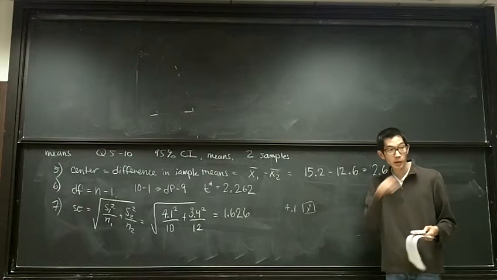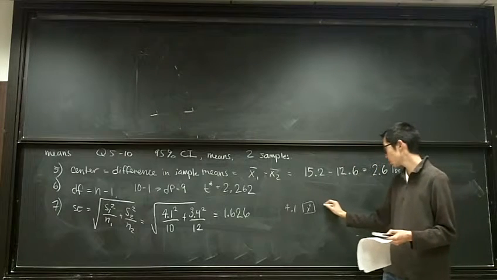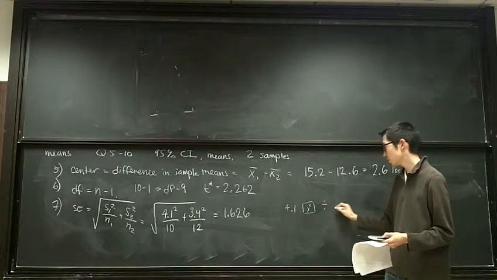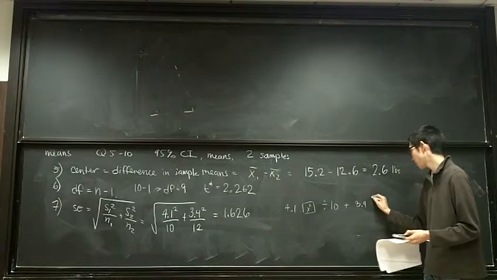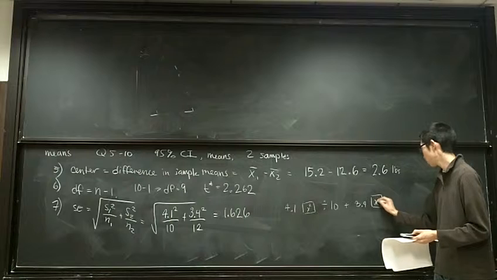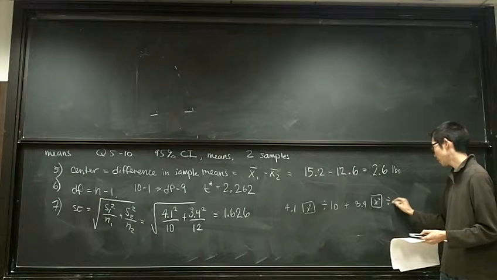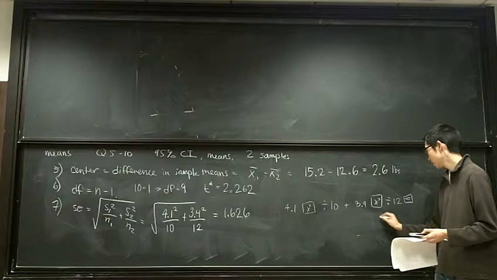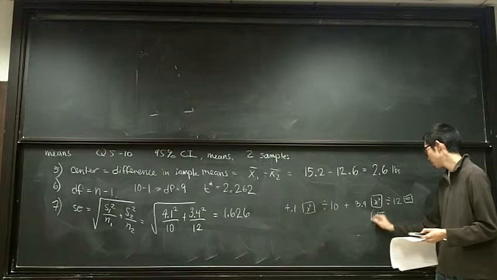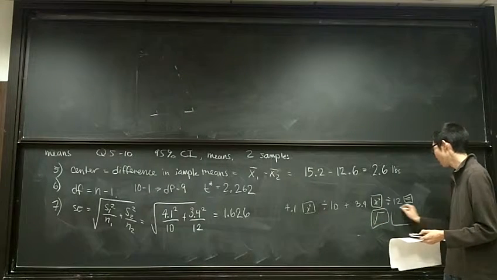So you're going to do 4.1 squared, and then divide by 10 plus 3.4 squared divided by 12. Hit enter, and then hit the square root button, answer button.